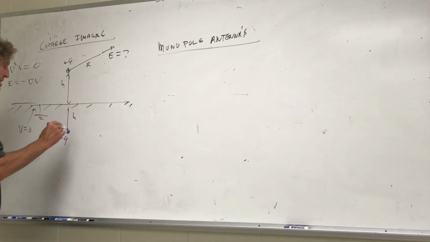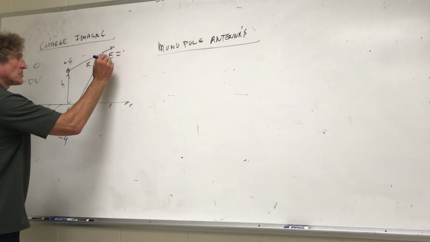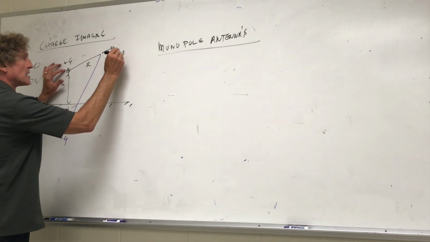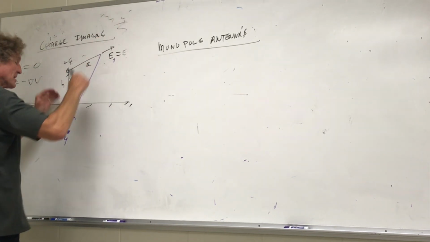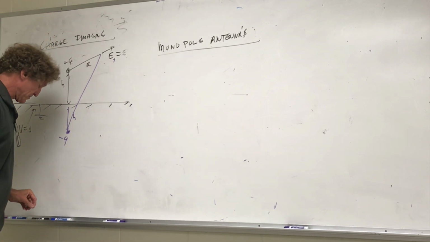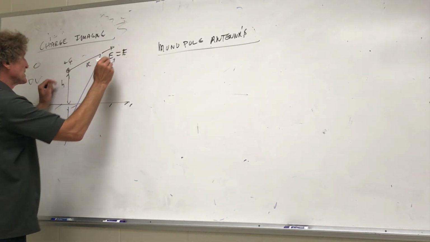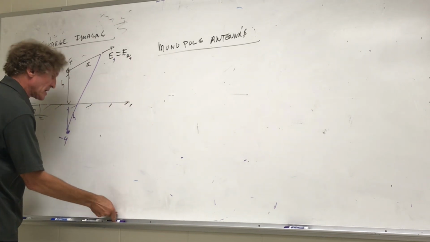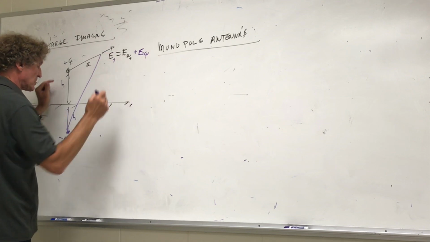So to get the total electric field here, I would say the total electric field would be the electric field from this charge, Q plus, and then plus the electric field from the negative charge that's imaged.